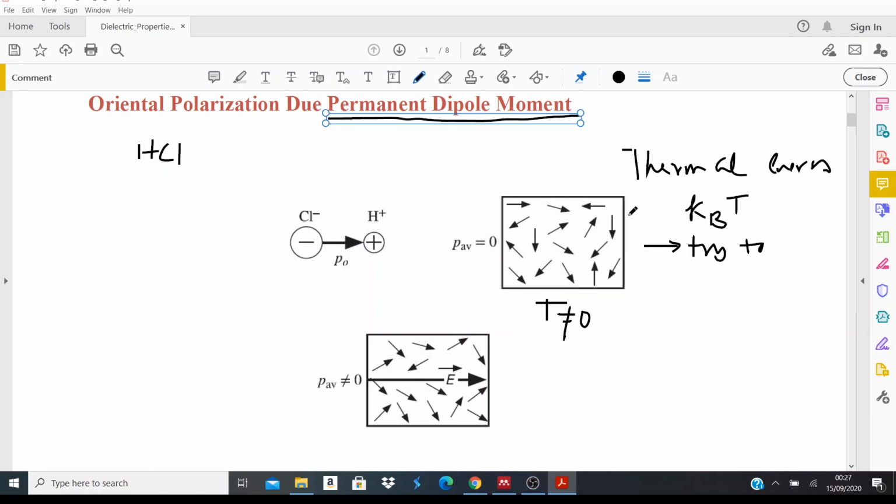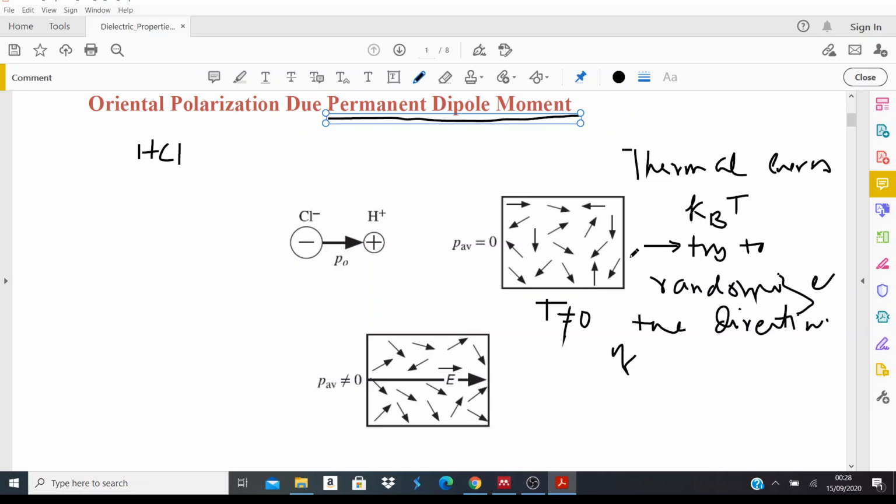So every arrow in this square box is representing an electric dipole moment, right? And this thermal energy will try to randomize the direction of all these individual electric dipole moments.